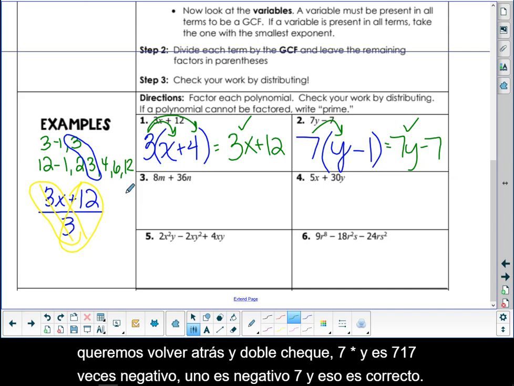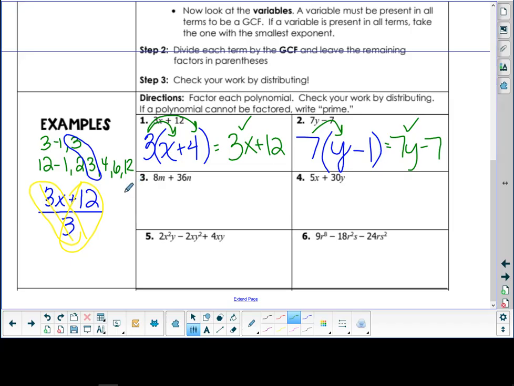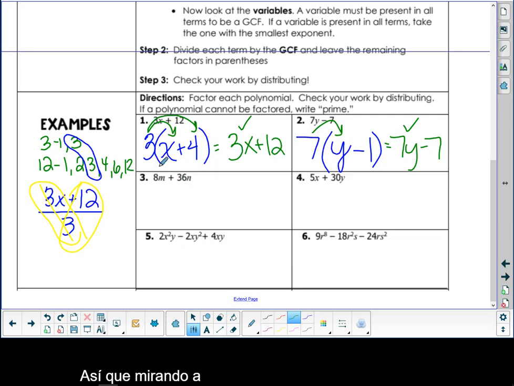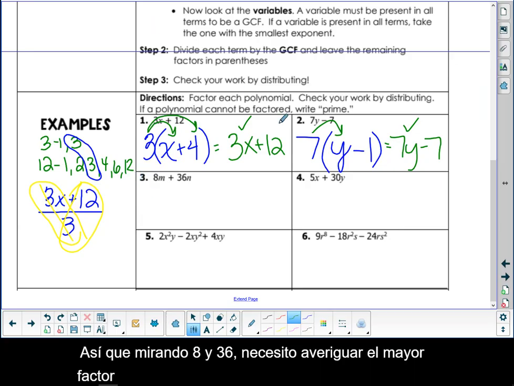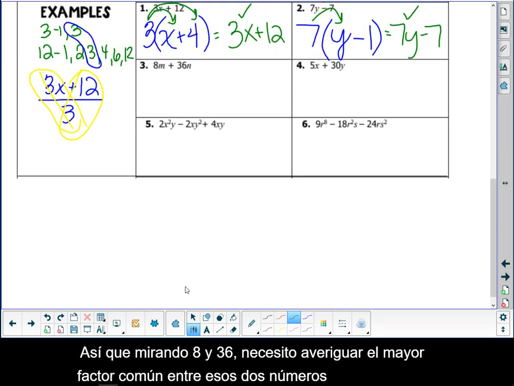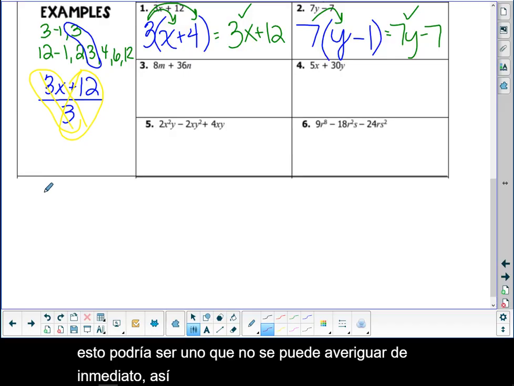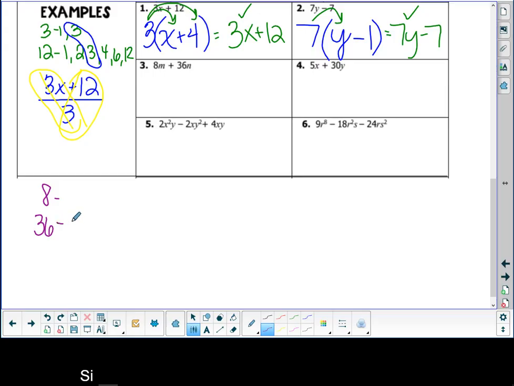Let's keep moving forward. In number 3, we've got 8m and 36n. Looking at 8 and 36, I need to figure out the greatest common factor between those two numbers. This might be one that you can't figure out right away, so go ahead and just write it out. It's okay if you can't figure it out. Sometimes we can't.